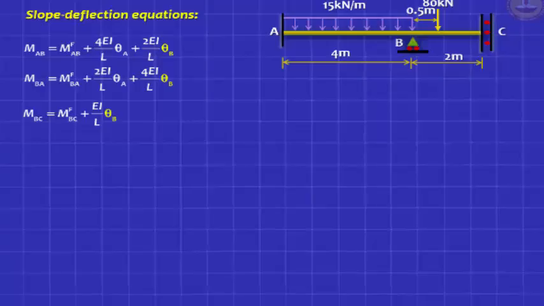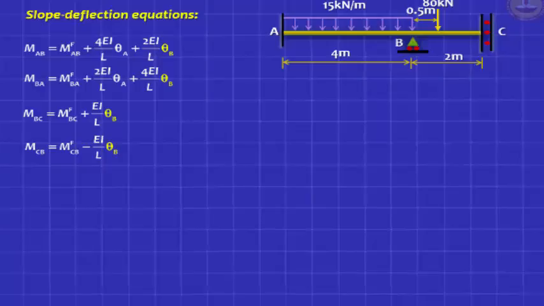MBC is MFBC plus EI by L theta B, and MCB is MFCB minus EI by L theta B. That's the only change. It's a change in your slope deflection equation. It's a change you need for taking advantage of the unknown deflection at C that you don't need to know. It's a powerful method. That's it.